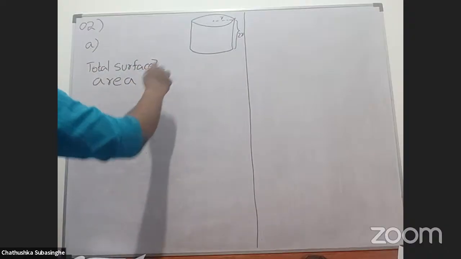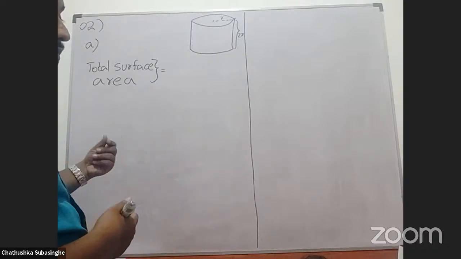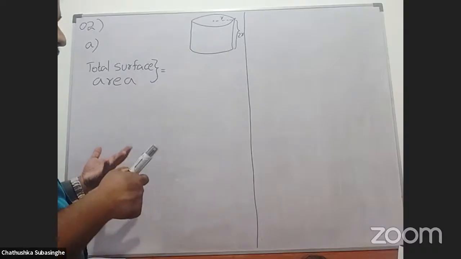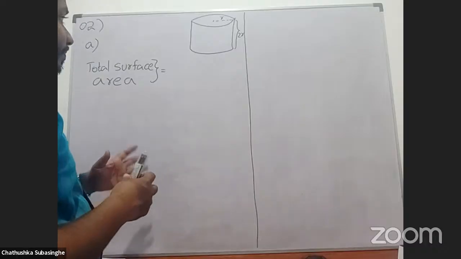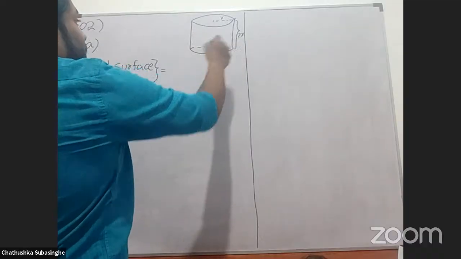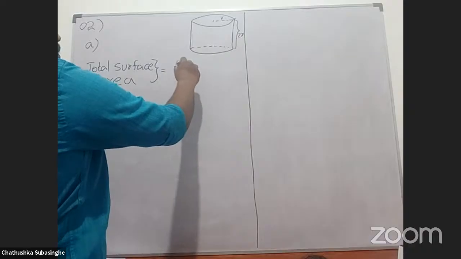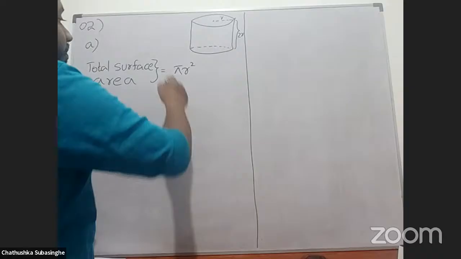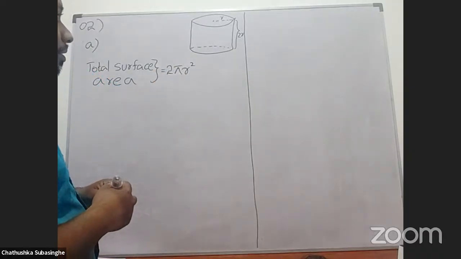You have an equation in your textbook, you don't have to memorize it. Why memorize extra stuff when we have a lot of things to memorize? What you can do is find the parts separately. So first find a circle. The area of a circle is pi r square. Since we have two circles on top and bottom, we multiply it by 2, so we have 2 pi r square.